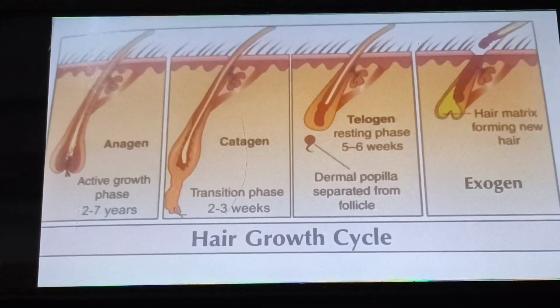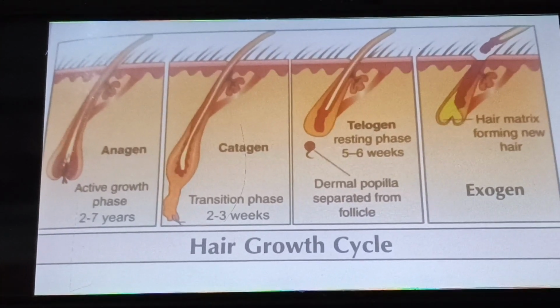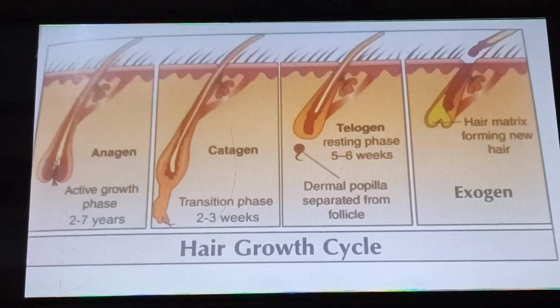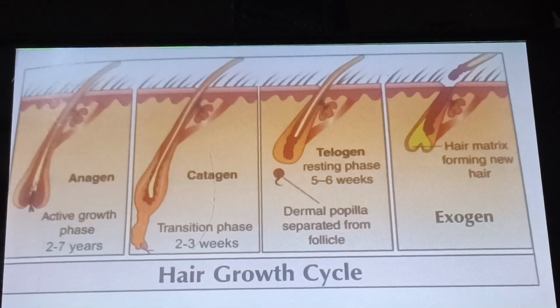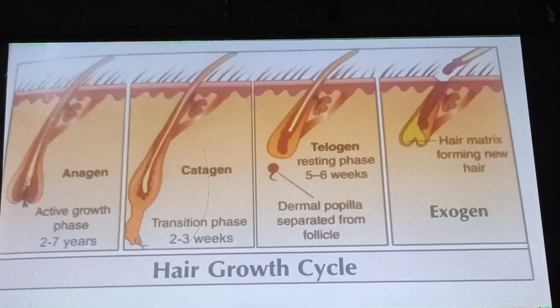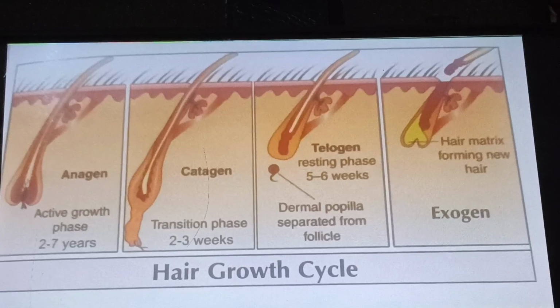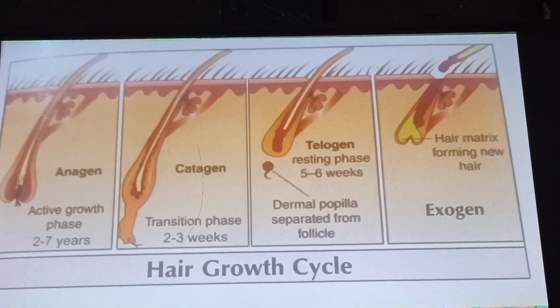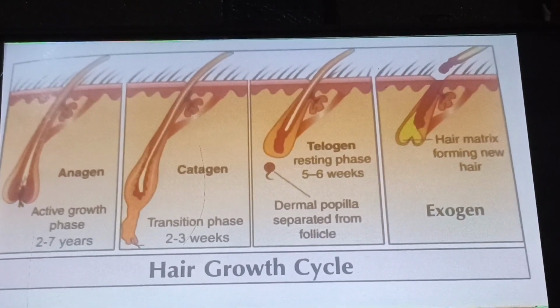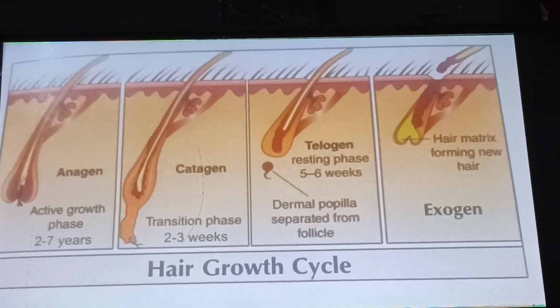During this phase, the hair grows about 1 centimeter every 28 days. Scalp hair stays in the active phase of growth for 2 to 7 years. Some people have difficulty growing their hair beyond a certain length because they have a short active phase of growth.